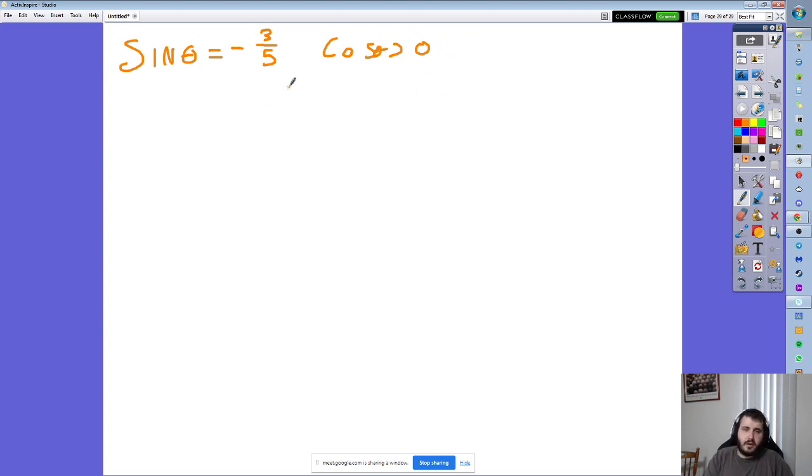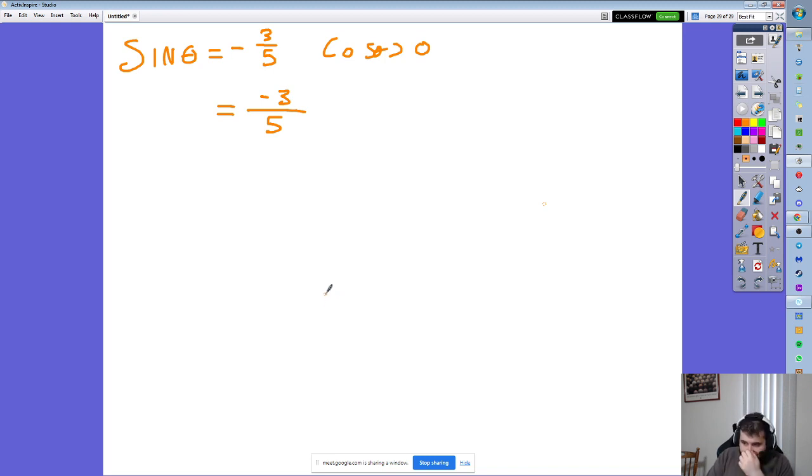So now, again, that negative sign has to go somewhere. Is it going to go with the 3, or is it going to go with the 5? It's going to go with the 3. Exactly right, because the 5 is the hypotenuse, and that can't be negative, so we're going to put the negative sign up top with the 3.